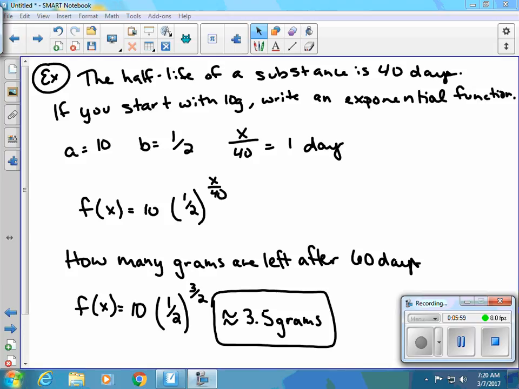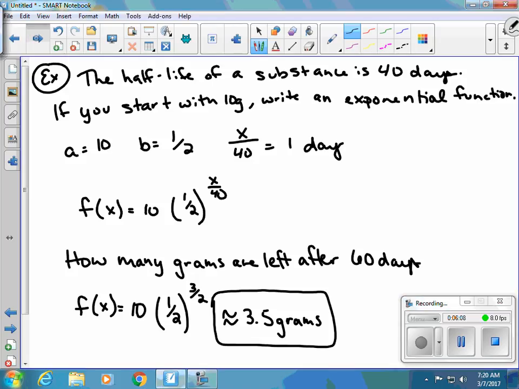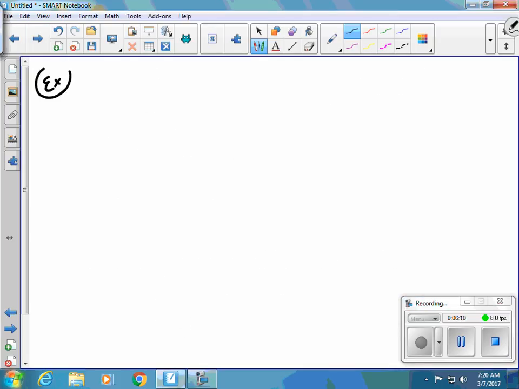Something to note, they will try to throw you off with negatives. What I mean by that is if I were to have y equals 3 to the negative x, does this represent exponential decay? They're trying to throw you off because of that negative. So what you actually need to do is have y equals 3 to the power of negative 1 to the power of x.